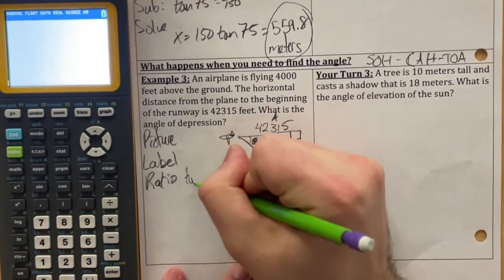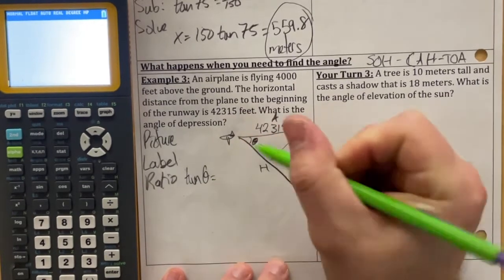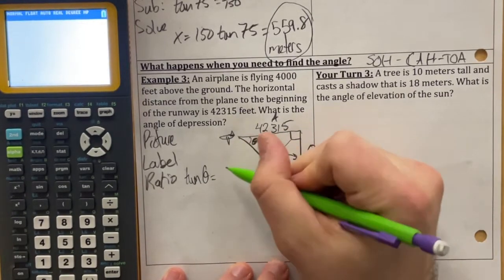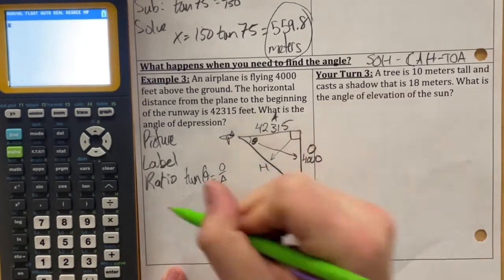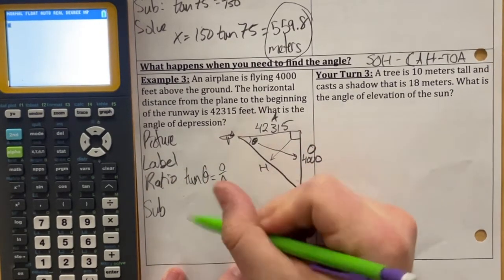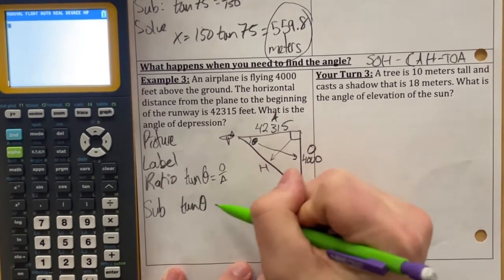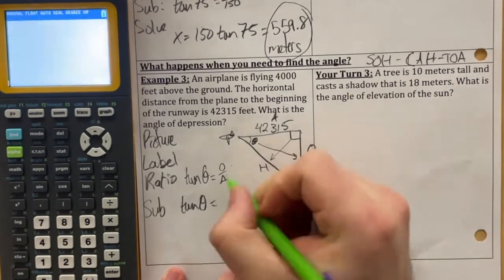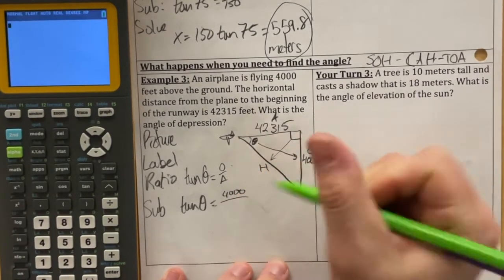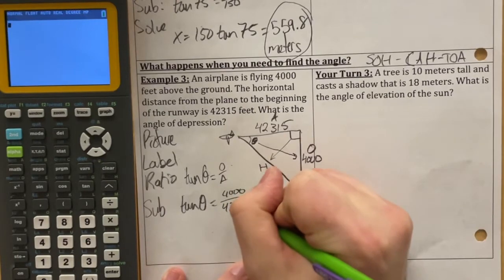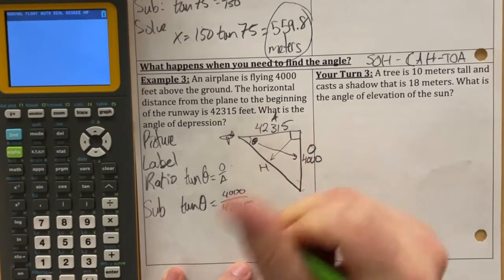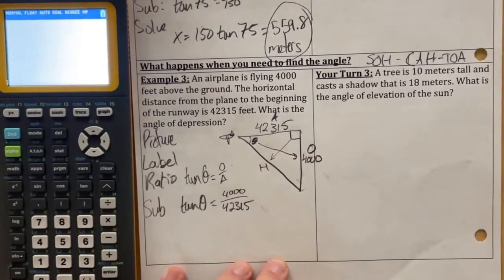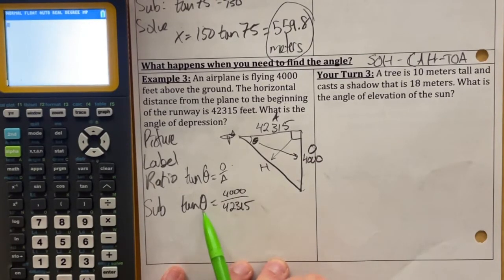So I have tangent of theta is equal to the opposite over the adjacent. Sub in my values. So I have tangent of theta is equal to 4,000 over the 42,315.